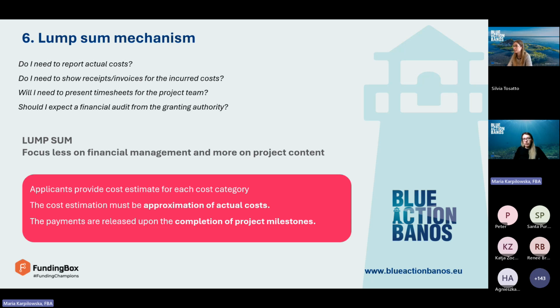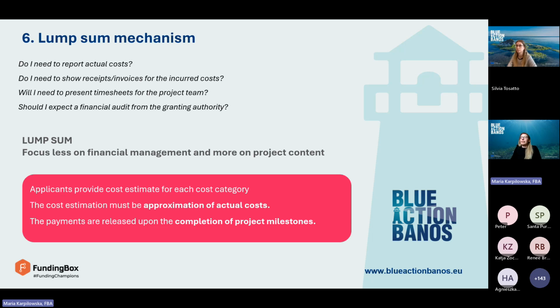Under this methodology, we are not focusing on the financial management of the project. We are just focusing on the project content. But to be able to do that, we need to have a pretty well done and detailed cost estimate. Okay, so once we have the cost estimate, this is the end of your work on the budget and cost reporting and so on.